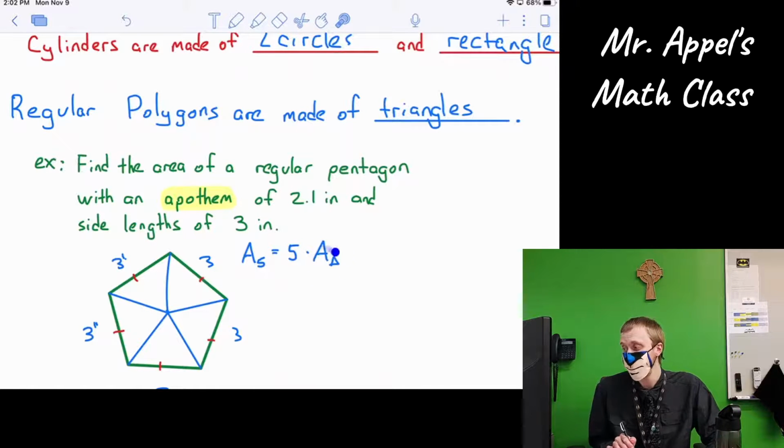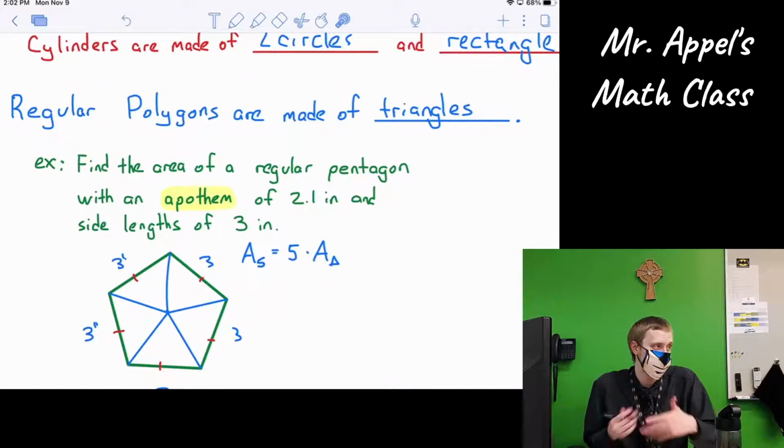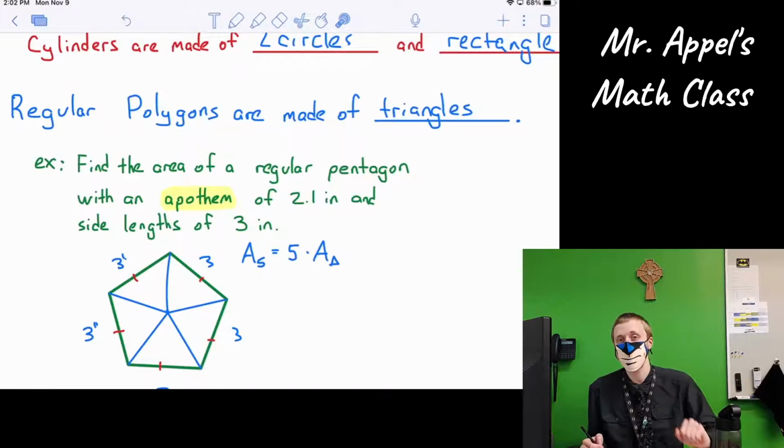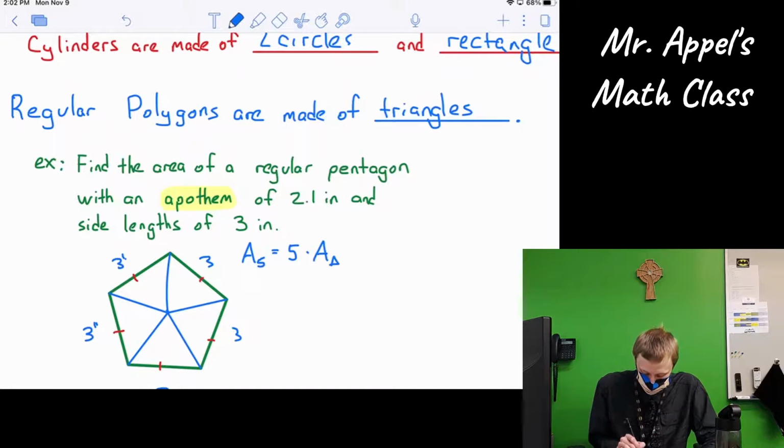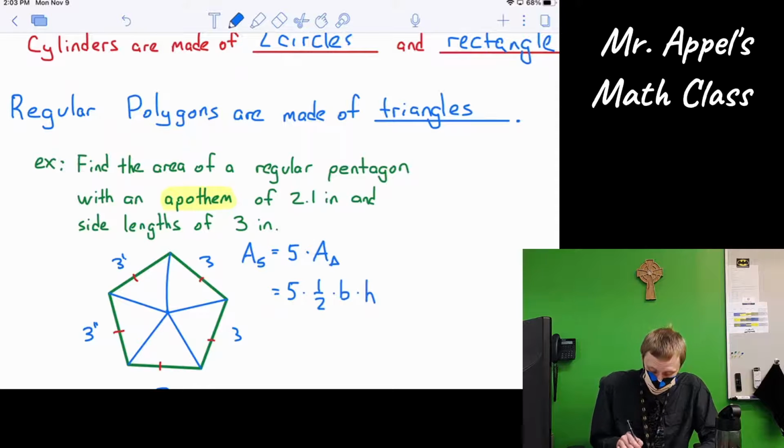This makes it way easier. Just 5 times the area of a triangle. And I know the area of a triangle. That's going to be 5 times 1/2 base times height. In this case, let's use this one for example.